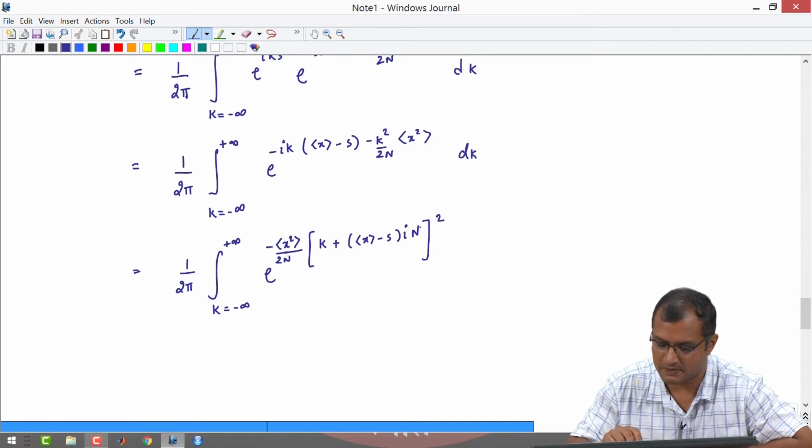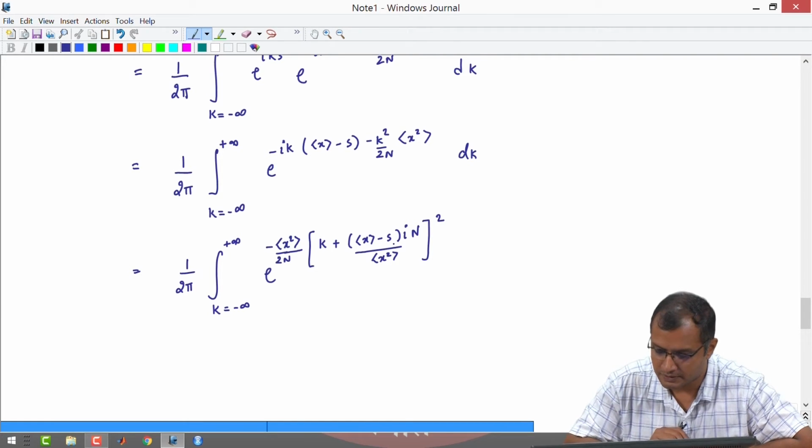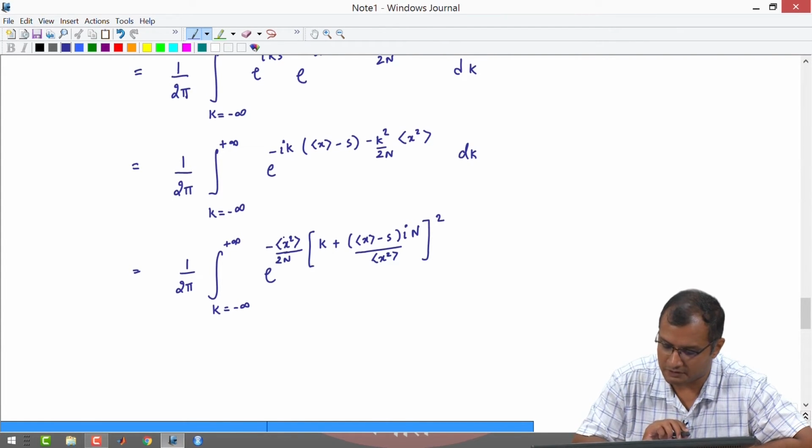So 2 times of this would give me just i k into mod x minus s with a minus sign, and I also need a division by mod x square. So that cancels with the outside mod x square, and 2 cancels with 2, n cancels with n, I get this.